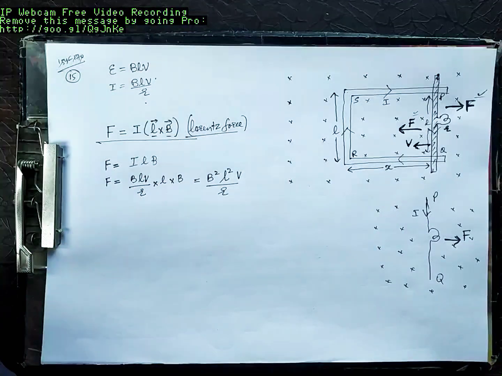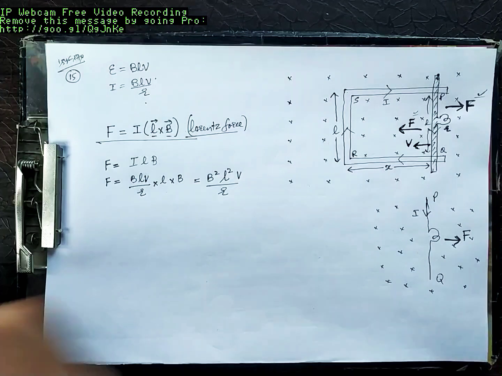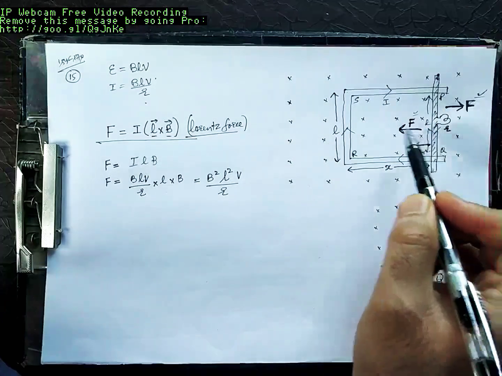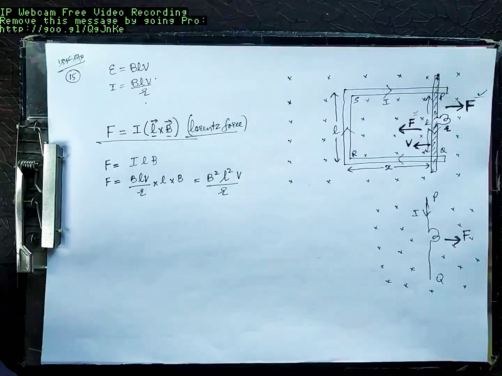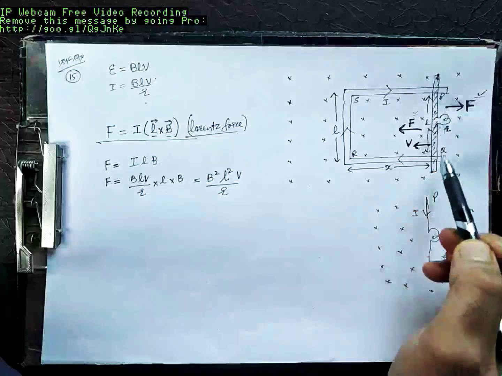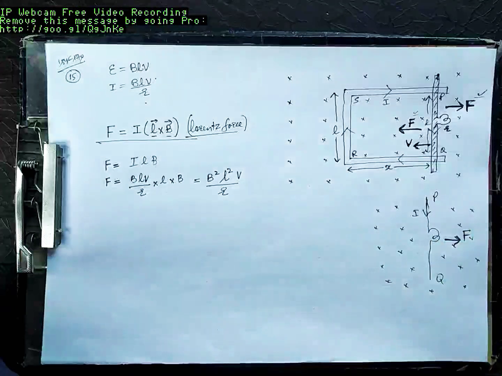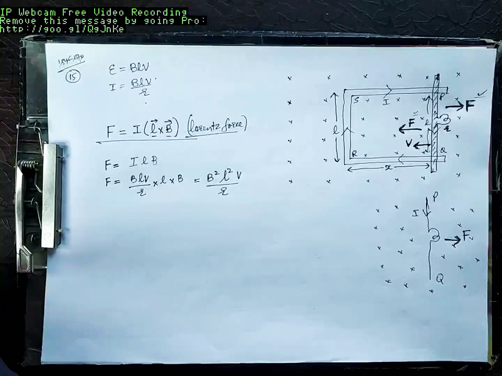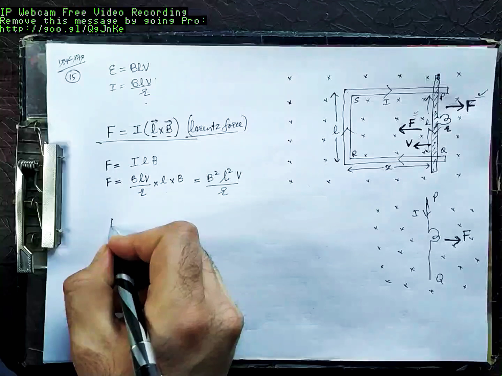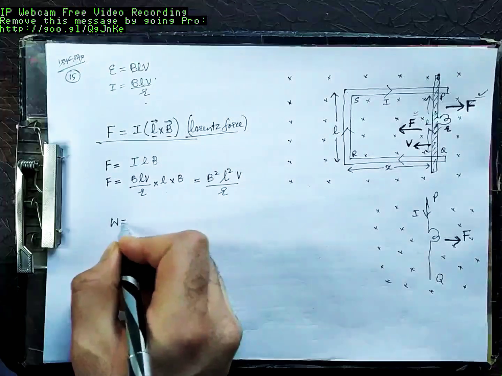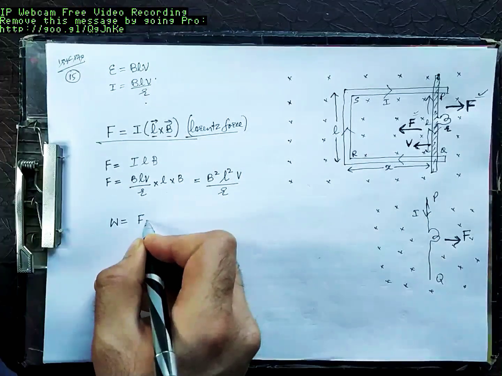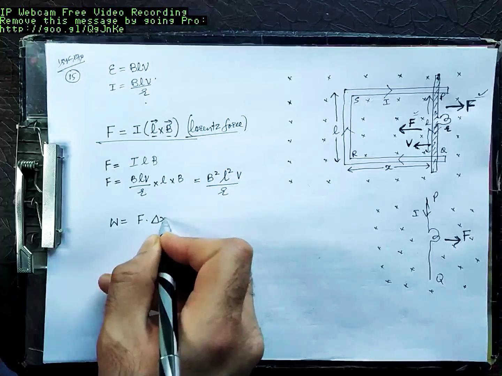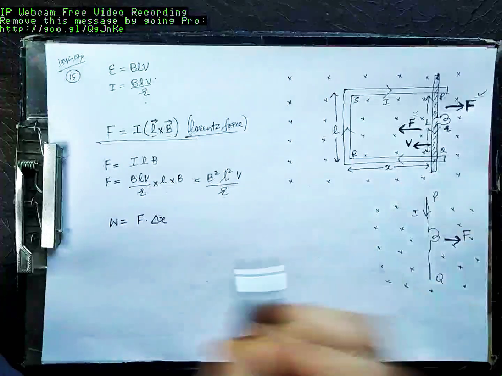Definitely you are spending some work. Let us suppose we move this arm PQ towards left by a small distance delta x. So how much is the work done? Work W is equivalent to force times displacement delta x.